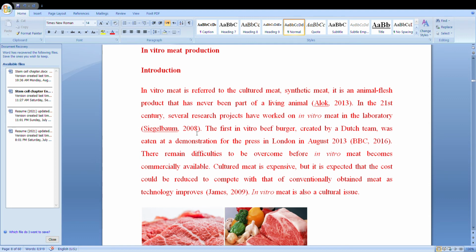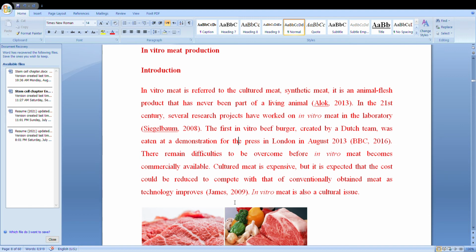Baum, 2008, one scientist did this. The first in vitro meat burger, created by a Dutch team, was created as a demonstration for the press in London in August 2013, BBC 2016.